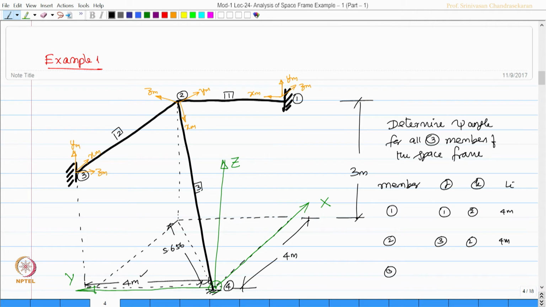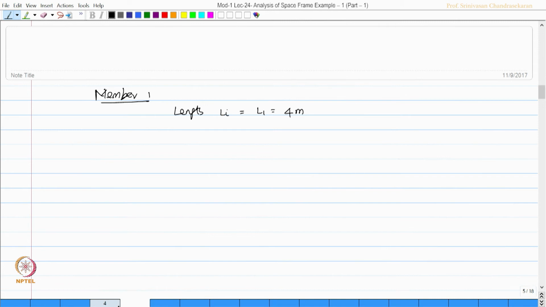So, this length of the member will be, it originates at 2, j and k end is at 4, the length is going to be square root of 5.656 square plus 3 square, which is 6.402, that is the length of the member 3. Okay. So, let us go to member 1.